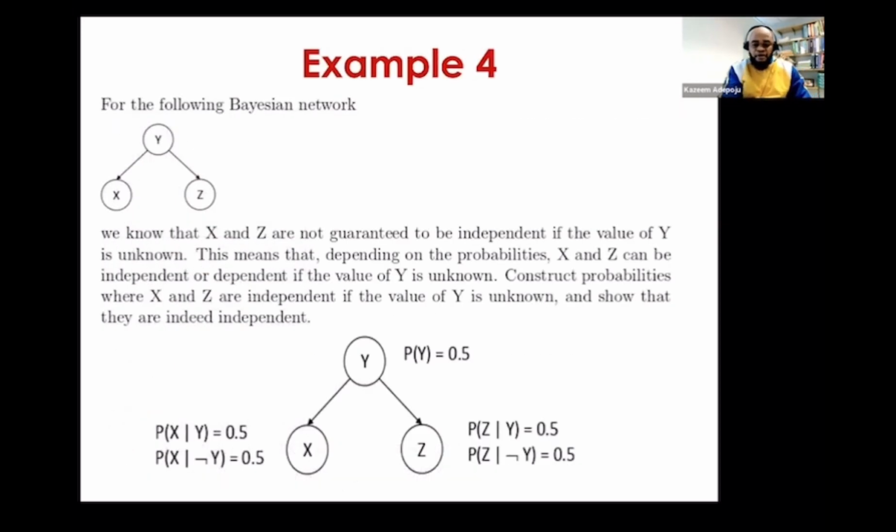So this is the last page that I basically want to work with you. If you take a look at this question, they ask you to investigate. It says construct the probability where X and Z are independent.